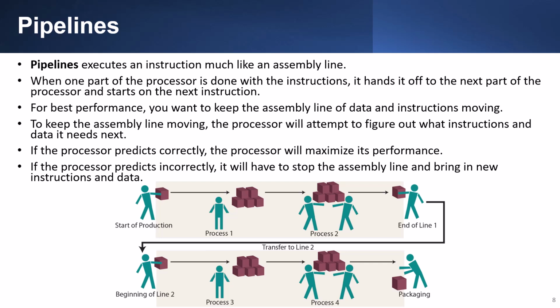To keep the assembly line moving, the processor will attempt to figure out what instructions and data it needs next. If the processor predicts correctly, the processor will maximize its performance. If the processor predicts incorrectly, the processor will have to stop the assembly line and bring in new instructions and data. Fortunately, the processor predicts pretty well.